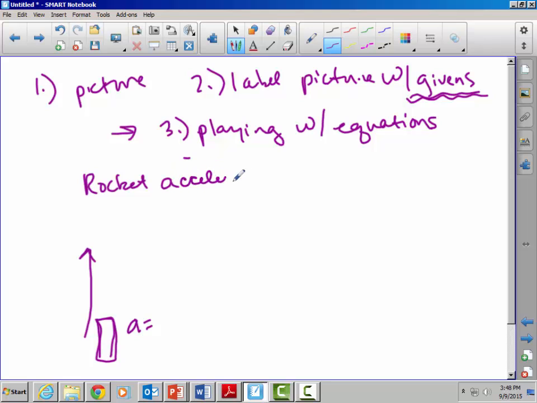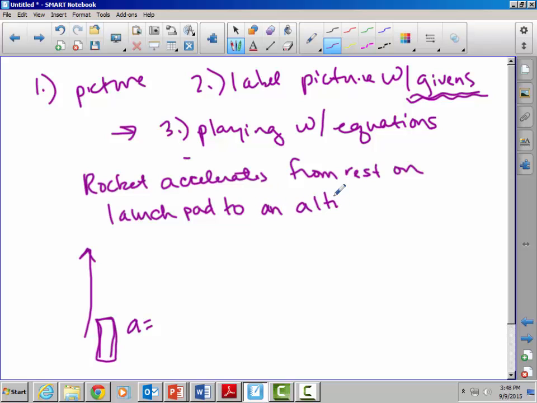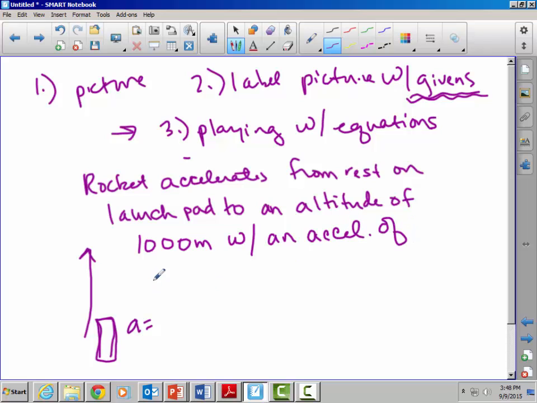Rocket accelerates from rest on the launch pad to an altitude of, what's a good altitude? We'll say 1,000 meters with an acceleration of 4 meters per second squared.